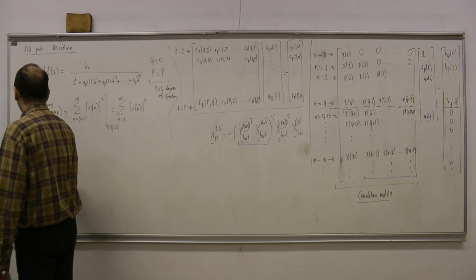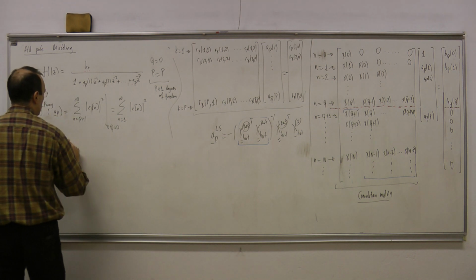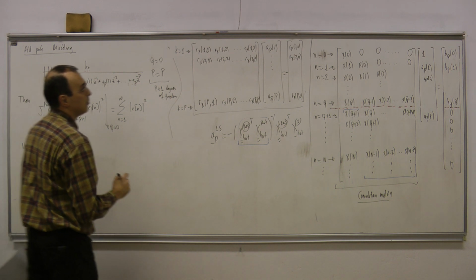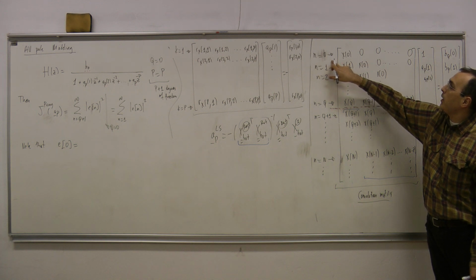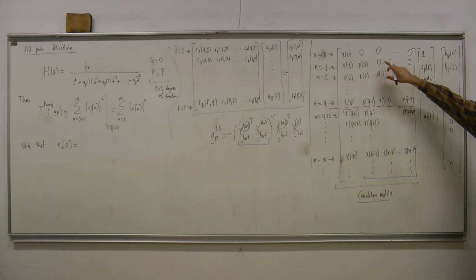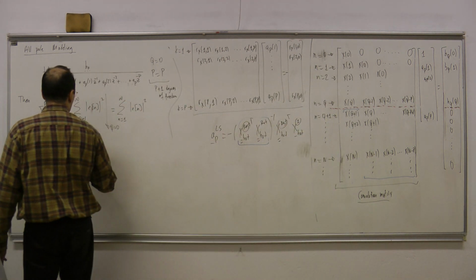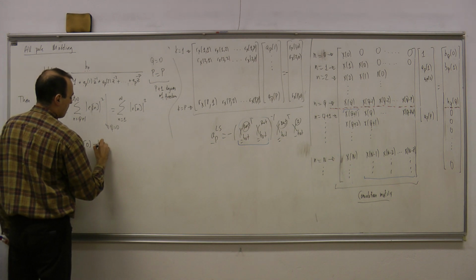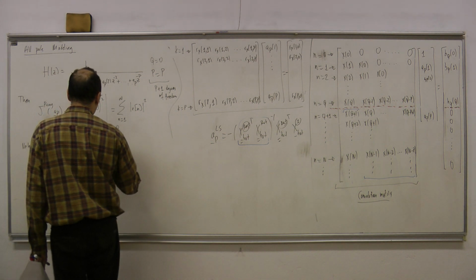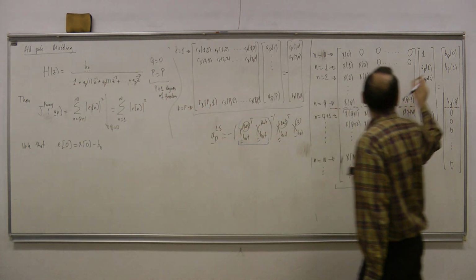Well, note that e0, the error at n equal to 0, is the left hand side minus right hand side, which is x0 minus B0, because I have only this one, B0.